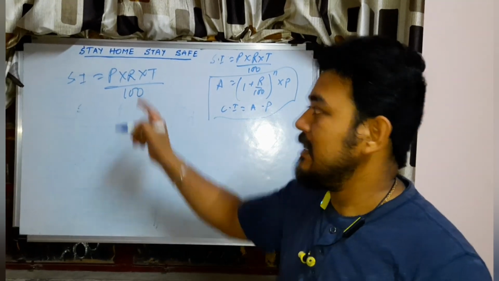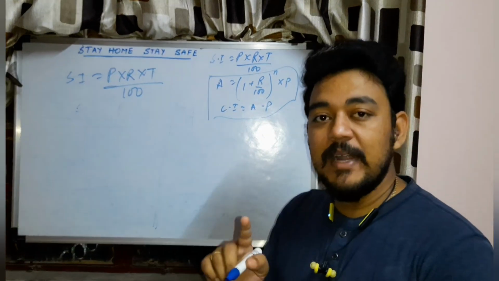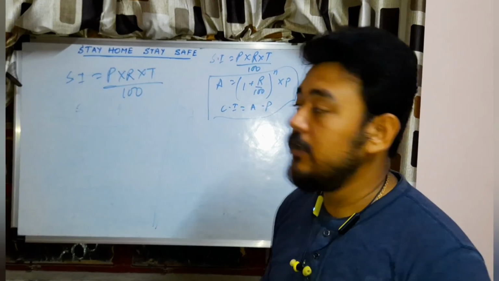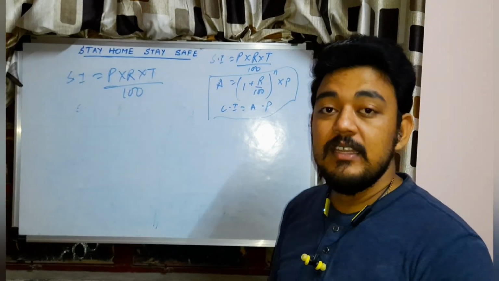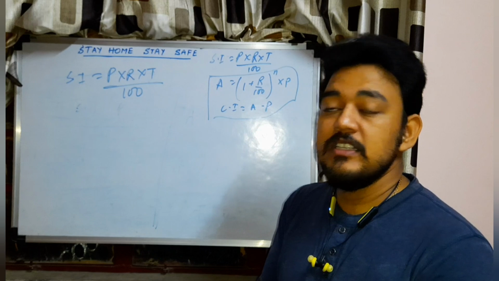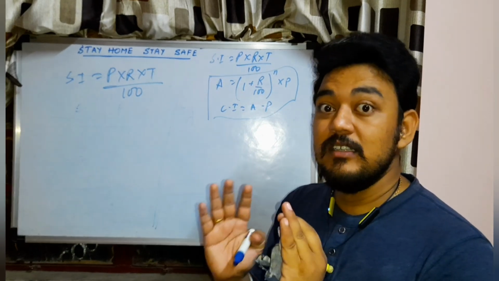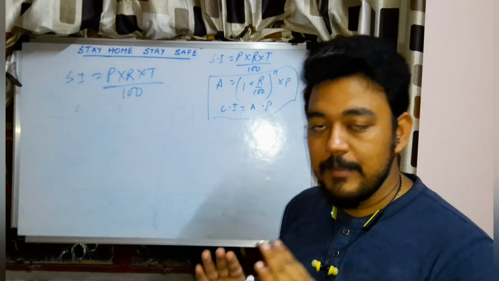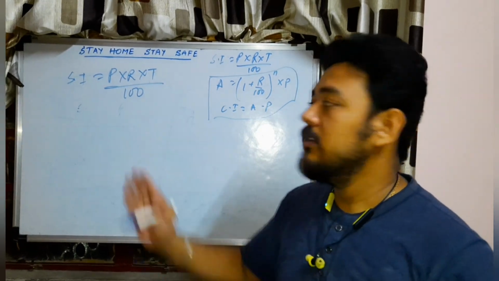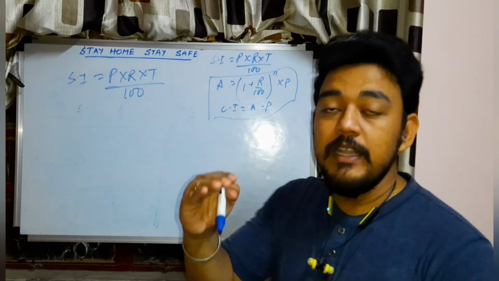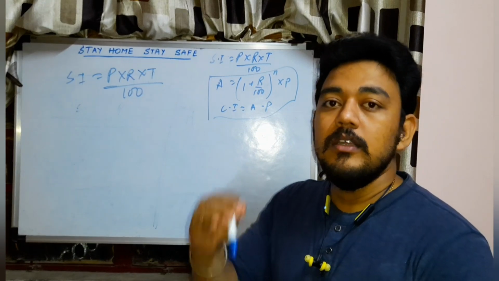I can use the SI formula to do CI. But one thing you have to remember is that since in SI the bank gives total interest in total time, I can't use it in a direct method. I have to use this formula indirectly by dividing the number of years into 1.